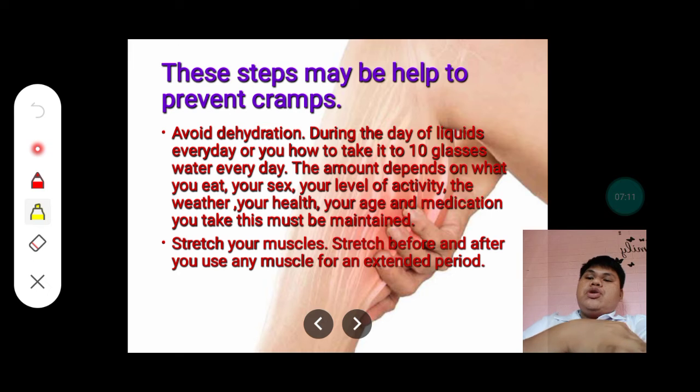The amount depends on what you eat, your sex, your level of activity, the weather, your health, your age, and medications you take. This must be maintained. Number 2, stretch your muscles. Stretch before and after you use any muscle for an extended period.